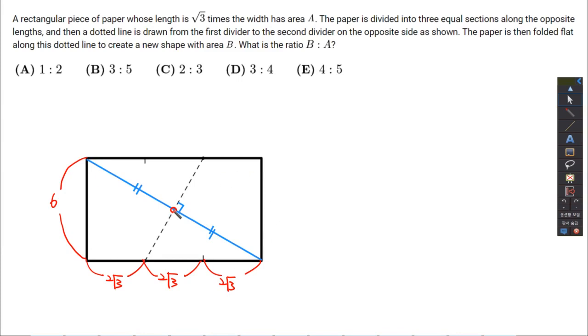The center of the rectangle divides the diagonal into equal lengths. So that's why these two have the same length. And then one special property for this rectangle is that with the ratio of 1 to square root of 3, this angle is 30 degrees, and that means this angle should be 60 degrees.